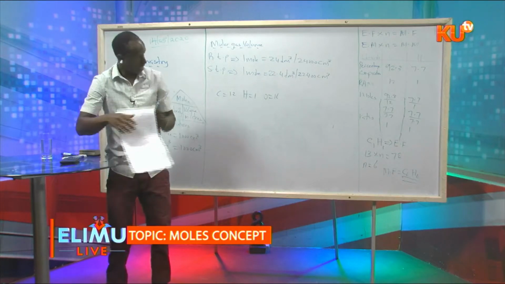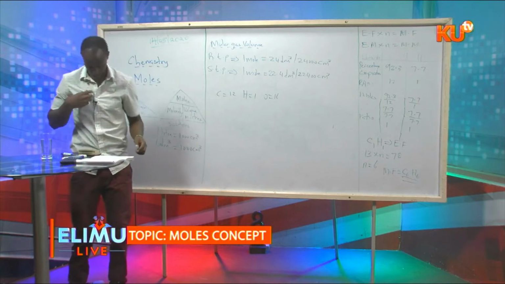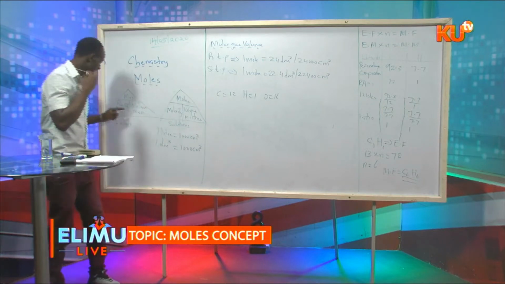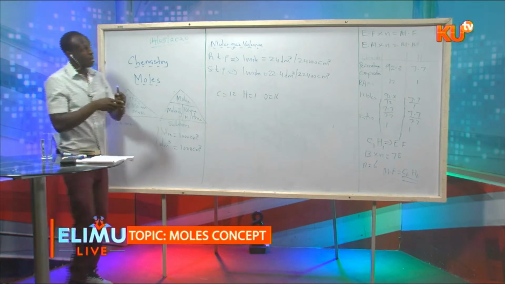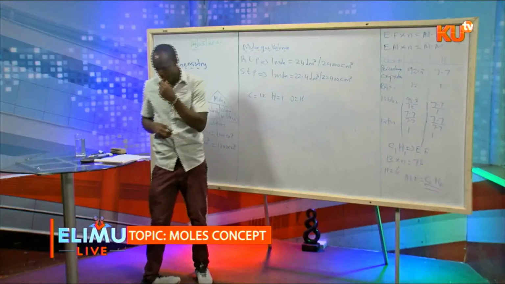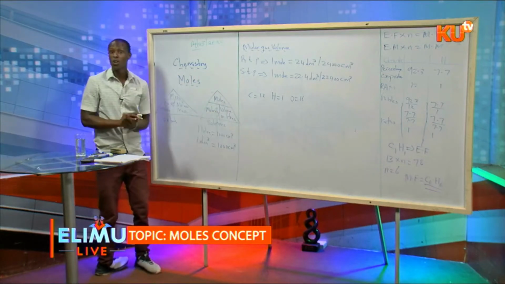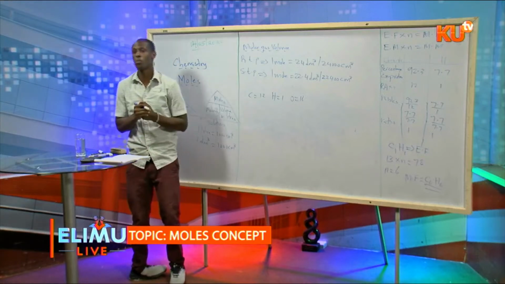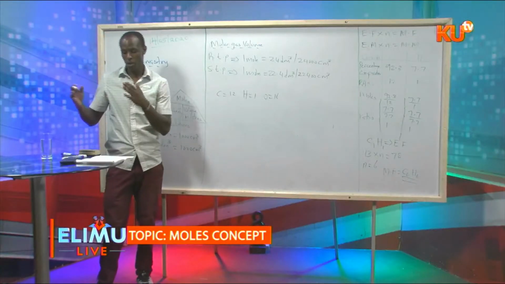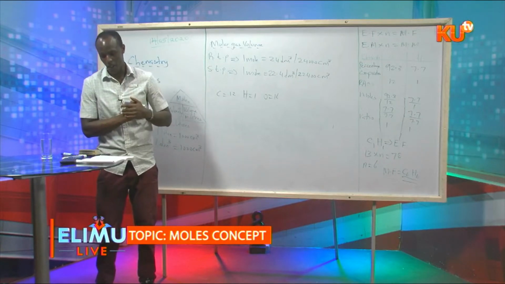Swiftly, that's where we apply the first triangle, the first formula, in calculating empirical formula and molecular formula. This other triangle, you'll apply it in titration when you are doing practical papers, and because of time, we cannot handle that part of titration.